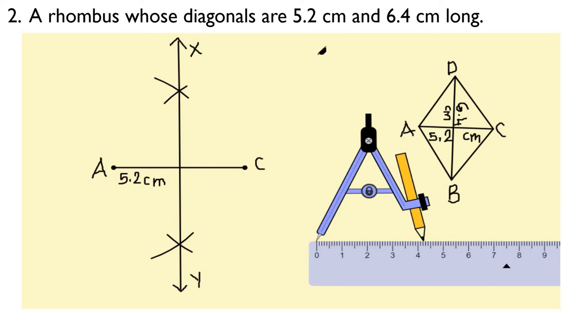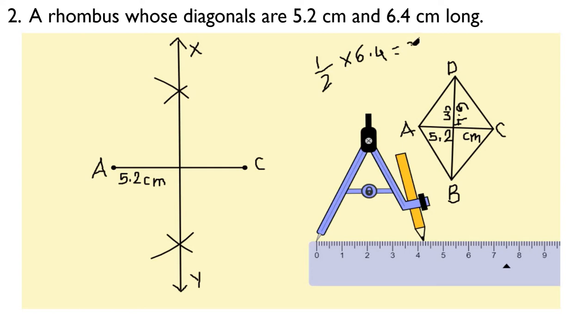Now you can see that our other diagonal, that is BD, is 6.4 centimeter. As it is 6.4, we have to take half of the other diagonal. You can see the calculation: half into 6.4 is equal to 3.2. 2 3s are 6 and 2 2s are 4, that is equal to 3.2.